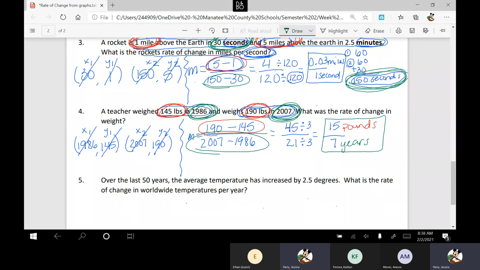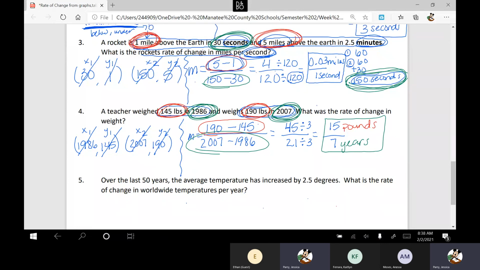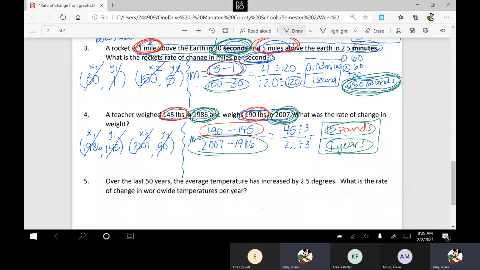But I wouldn't stress too much about what word should go there, as long as you have a general idea that the pounds goes up top and then your years goes on bottom, then you'll be able to figure it out. So if you're not sure what word I should put on bottom, but you know what word goes on top, then you'll be fine with that, okay? And then that is the answer for number 4. The teacher's rate of change was 15 pounds over 7 years, okay?